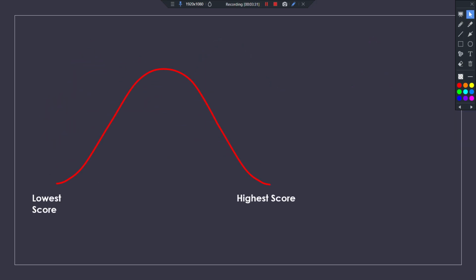Again, the first part is the lowest score, and the second part is the highest score. It means also that if the scores are leaning toward the left side, it has low scores, and it could also be said that the exam is a little bit difficult. And if it has a very big bump in the high scores, the exam could be easy.